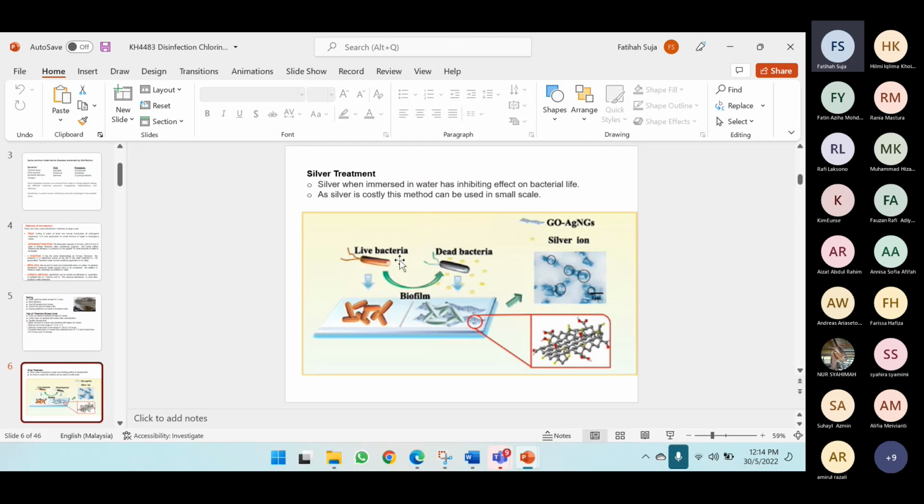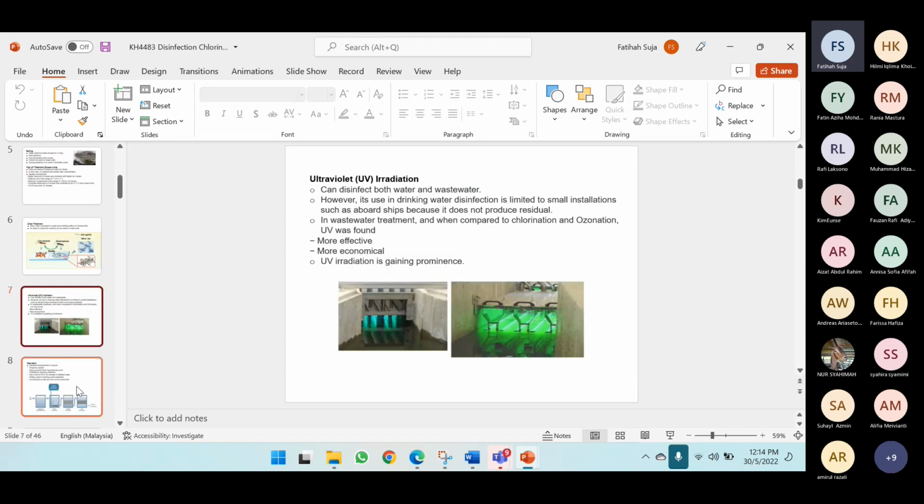So when you put the silver, the live bacteria become dead, and the silver ion and the bacteria will become precipitate, will become solids, so that they are removed from the water. But you are putting in silver, and silver is also very expensive. These are types of treatment.